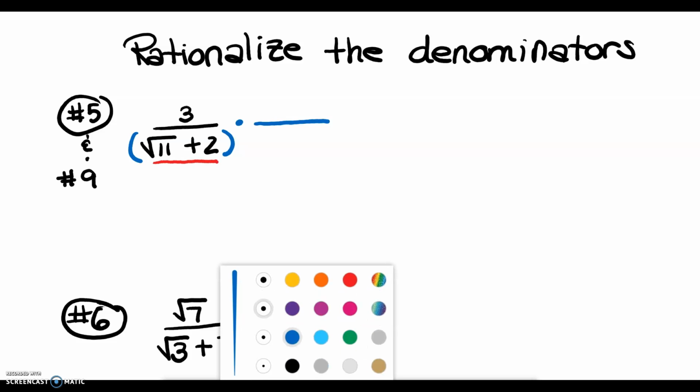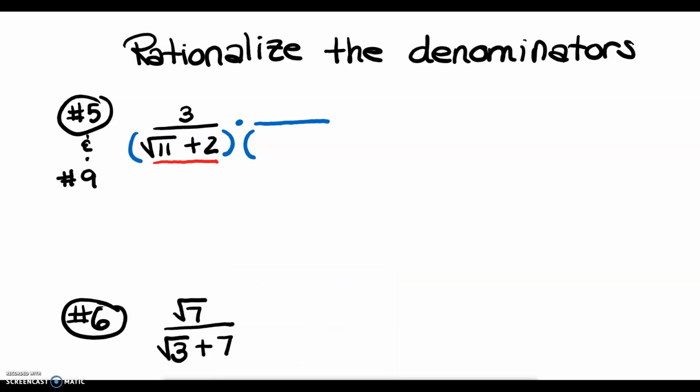Well, the conjugate is radical 11 and a 2 here, but we're changing the sign from a plus to a minus. Radical 11 minus 2. And remember, we have to multiply by the number 1, or else we change the value of our fraction. So I multiply by the number 1, so I'm not changing the value.